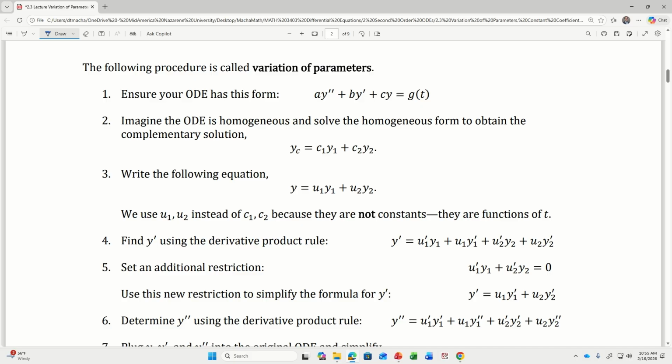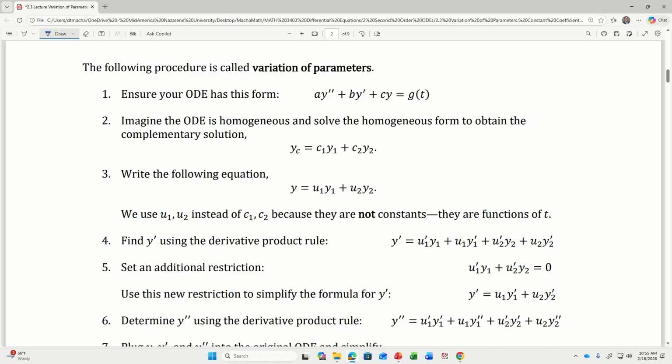So what we're allowed to do is create an additional restriction. That means in addition to my ODE, we can also just make up an equation, right? And that's going to constrain my system with two equations and allow me to solve for two unknowns. So this is something that we just make up ourselves.